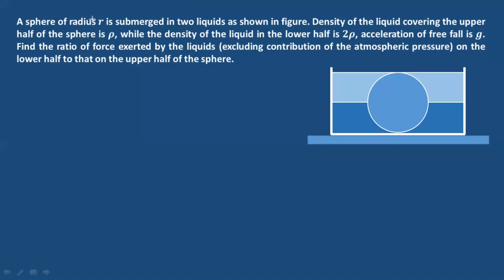So on the upper surface, if you can see here, the force will be due to this liquid, this shaded part, the weight of the liquid in this shaded part, and of course I am excluding the force due to the atmospheric pressure.